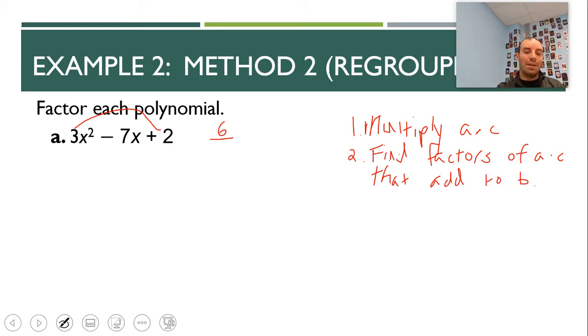So I multiply a times c and I get 6. Now I have to find factors of 6 that are going to add to -7. Hopefully you're thinking -6, -1. Then you're going to split your b term and rewrite.